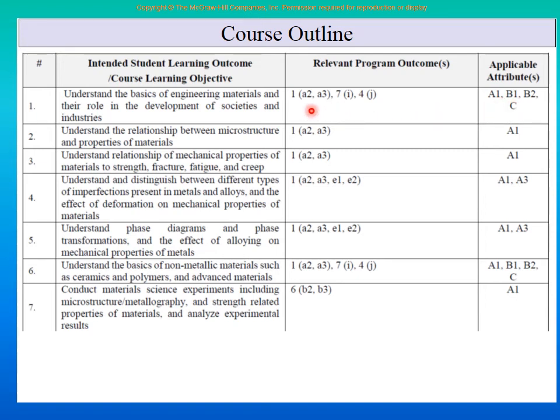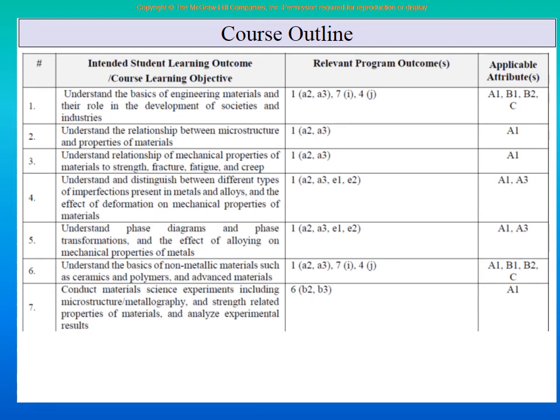According to ABET, which is a certification agency in the world that certifies whether your university and your program is world standard or not. This is a matter of great pride for us here at SQU, that for the last 10 years plus, all programs in engineering have been certified by ABET.